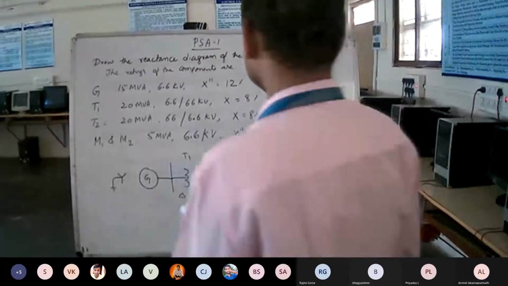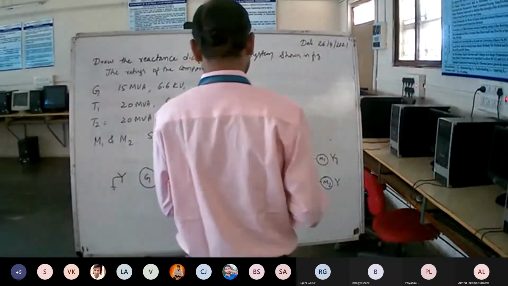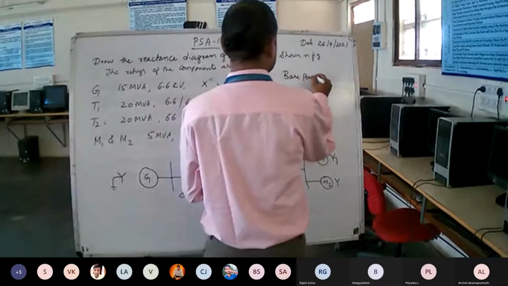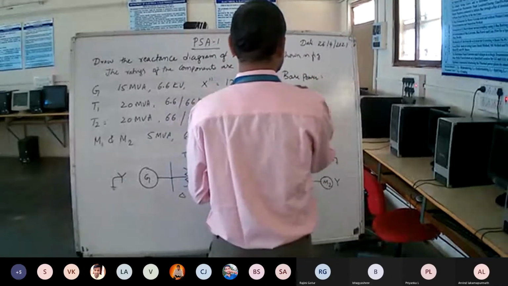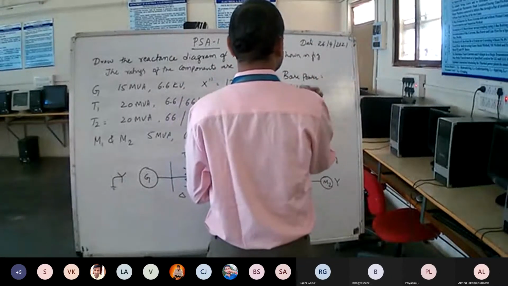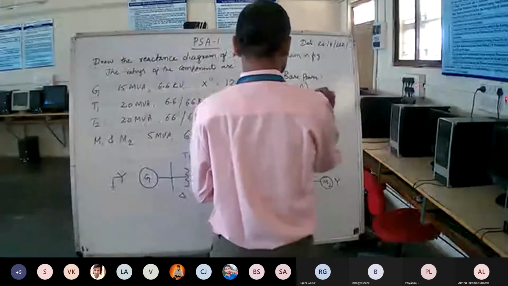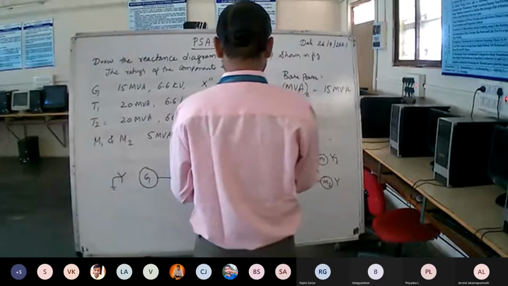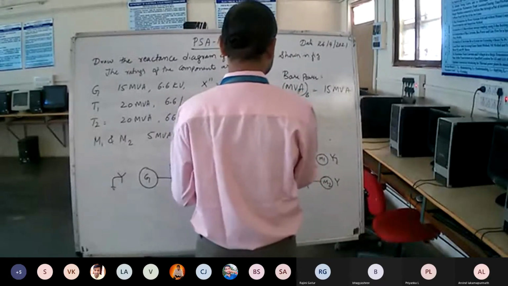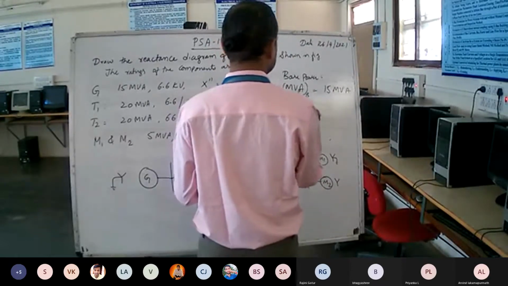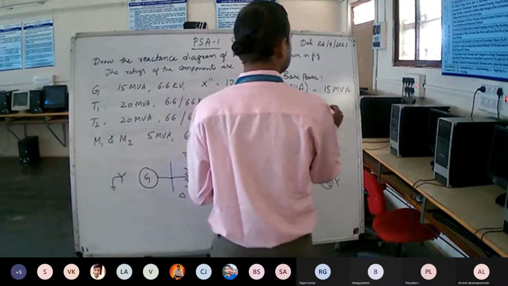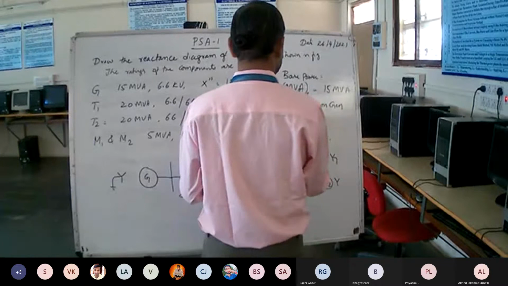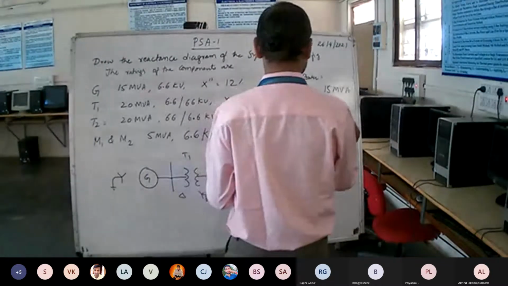So base power is given as MVA base 15 MVA, and base voltage on the generator, kV base, is equal to 6.6 kV.